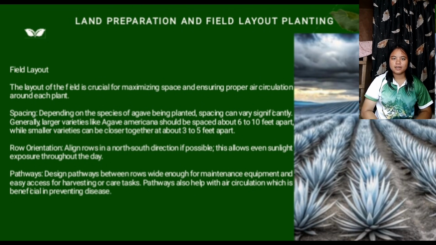Larger varieties like Agave americana should be spaced about 6 to 10 feet apart, while smaller varieties can be closer together at about 3 to 5 feet apart. So the row orientation, align rows in a north-south direction if possible. This allows even sunlight exposure throughout the day.